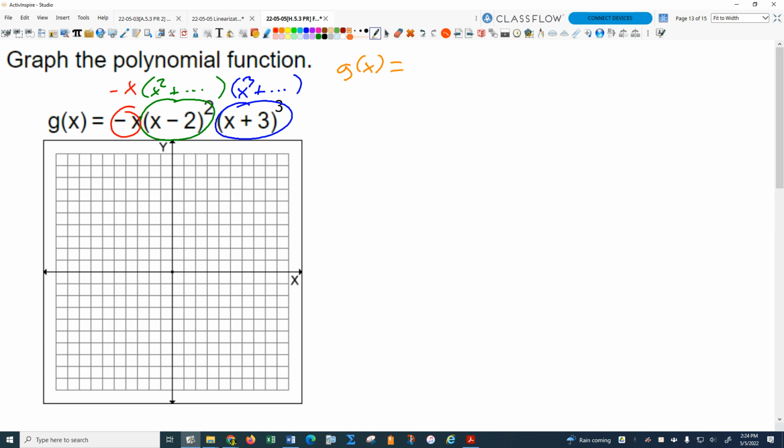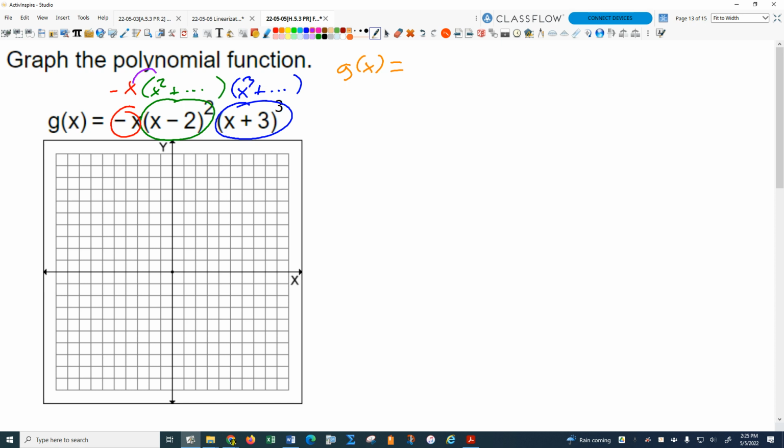Well, if I distribute the leading term to the leading term and then take that result and distribute it to the next leading term, if I just propagate that all the way through, if I were to multiply this thing out, it'd be very complicated. It's going to be a big, ugly polynomial. It's going to take me a while to get. But the leading term is easy to find. Right? What am I going to get if I multiply negative x times x squared?